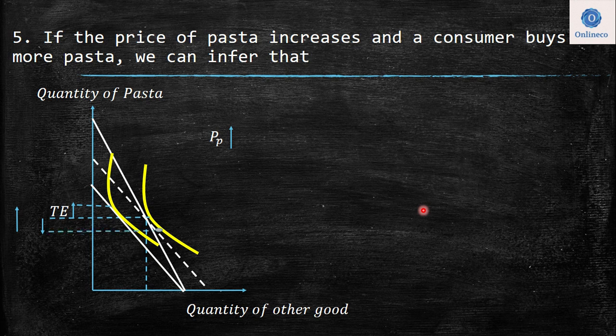When you move from the original bundle to this bundle, you see a decrease in the quantity of pasta. So this is the substitution effect. This is the quantity of pasta that you are replacing with the other good due to the increase of the price.